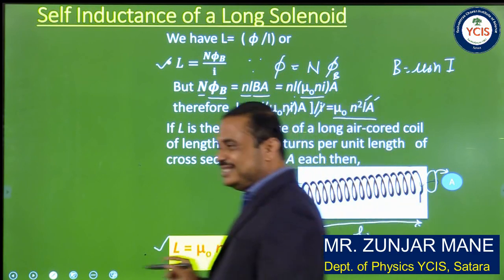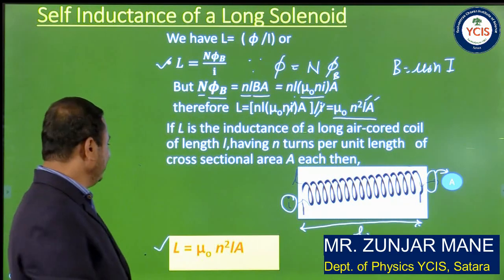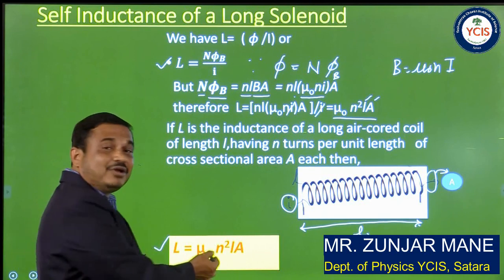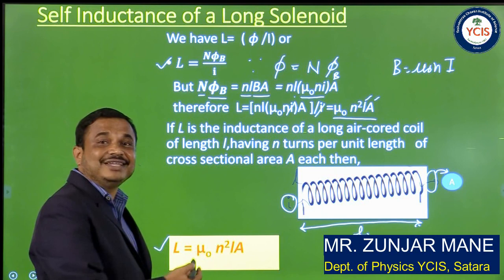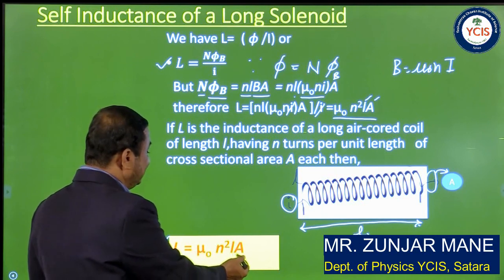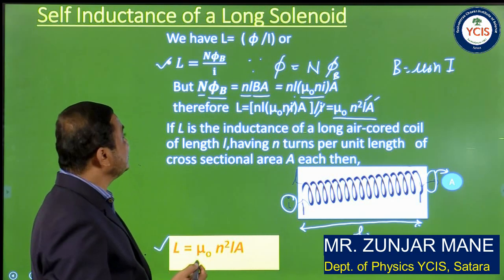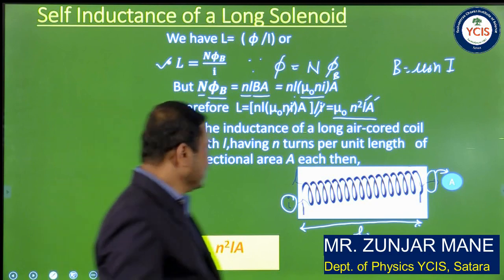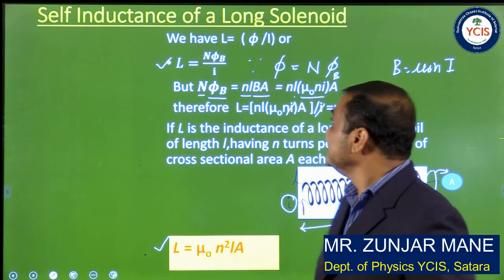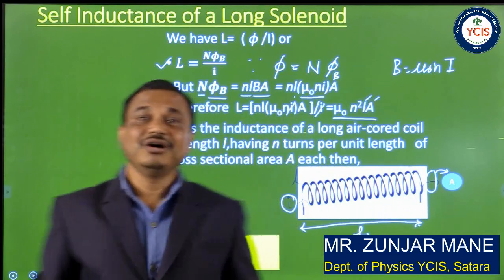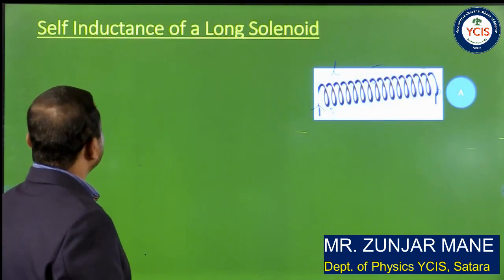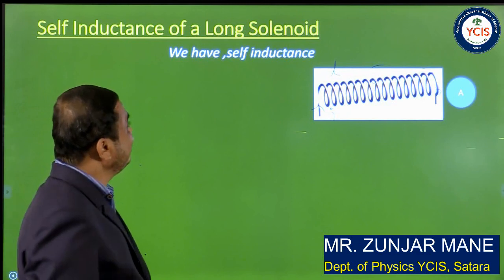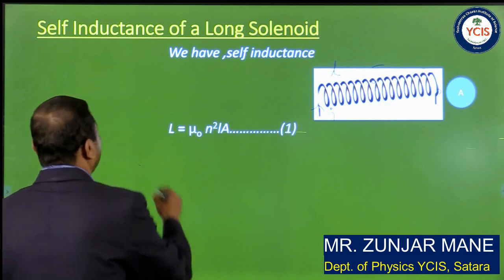Therefore the self inductance of a solenoid depends upon the number of turns per unit length of the solenoid, then l, the length of the solenoid, and A, the area of cross section of that solenoid. So this is the expression for the self inductance of a long solenoid.